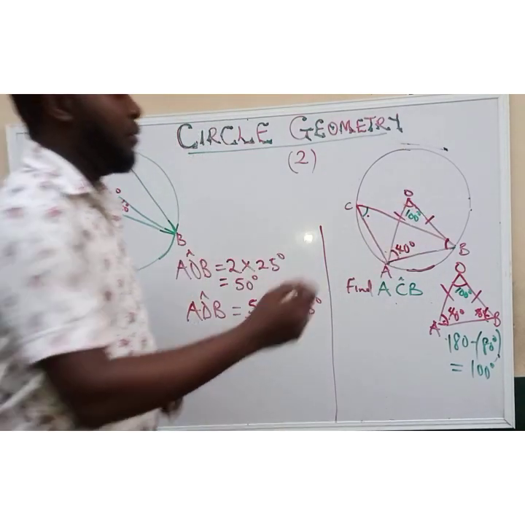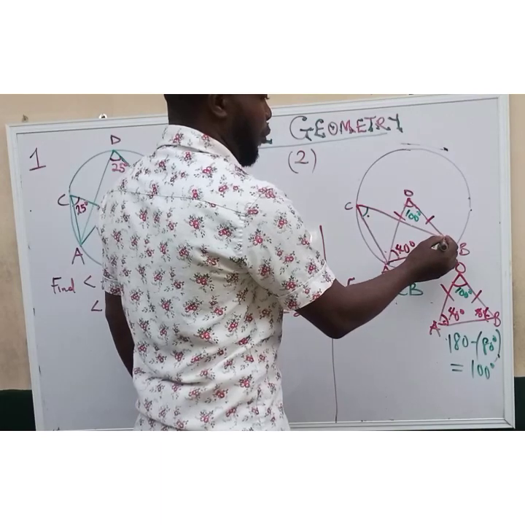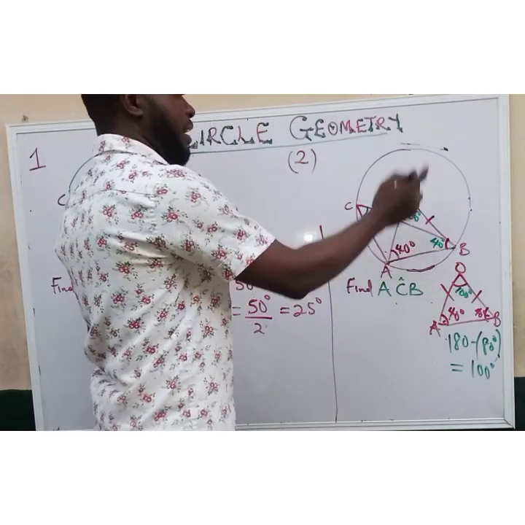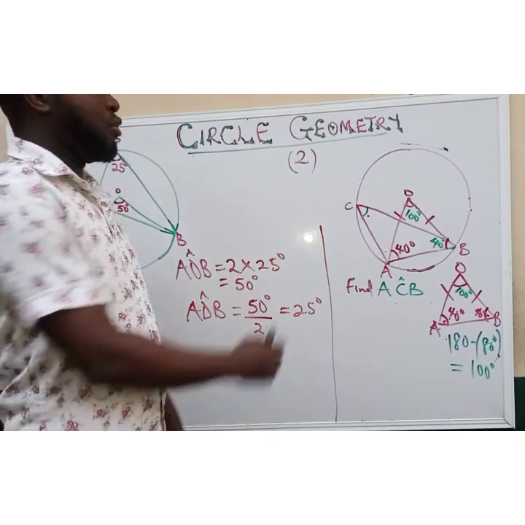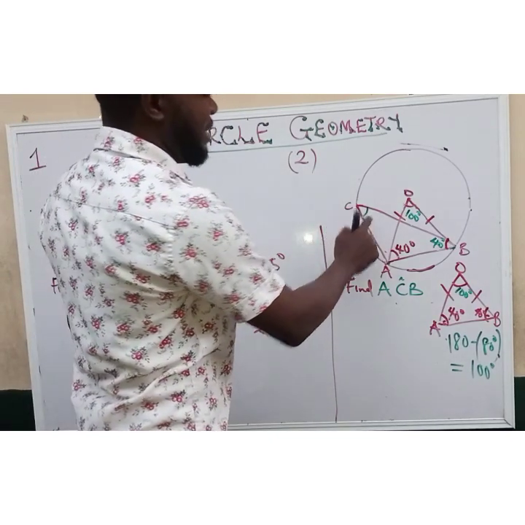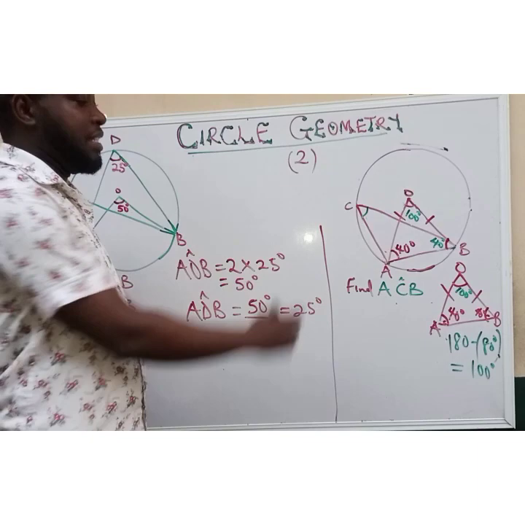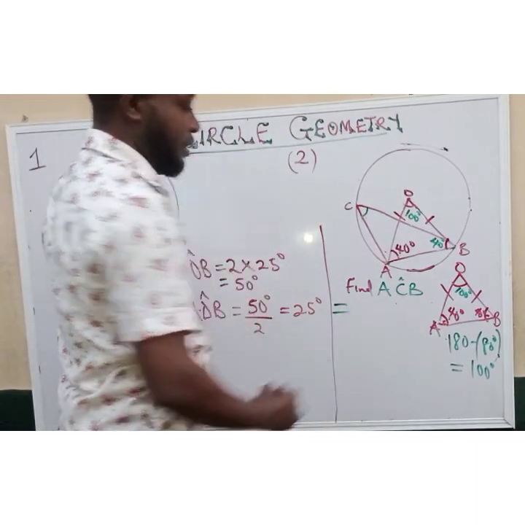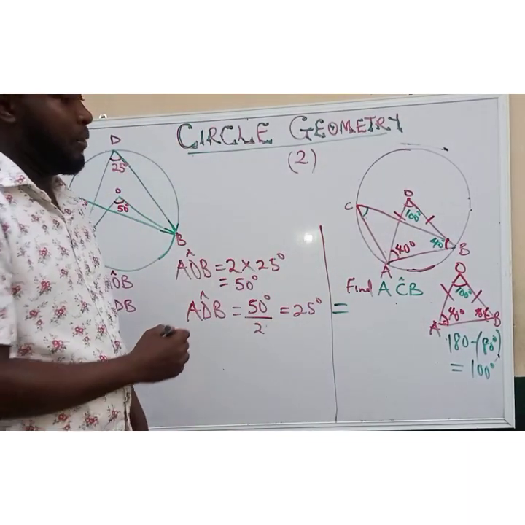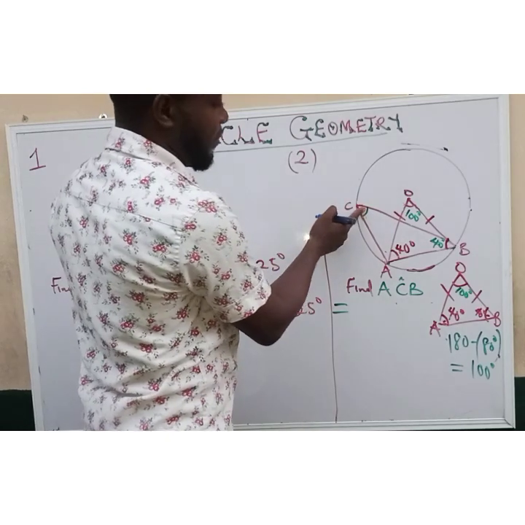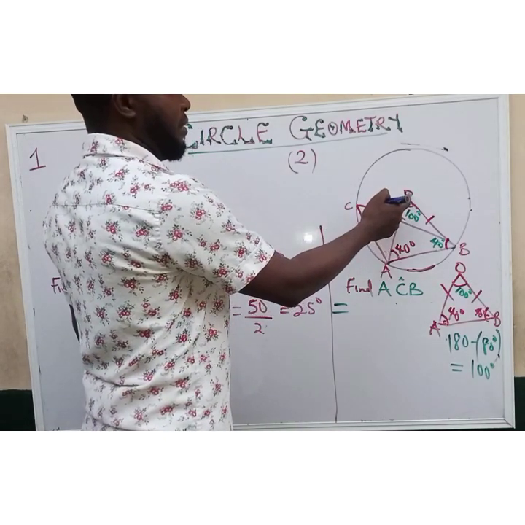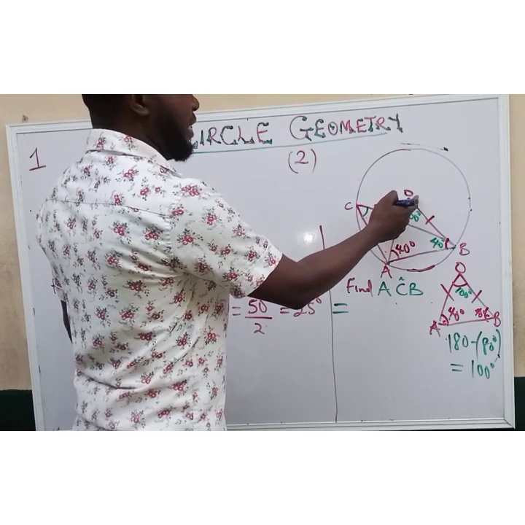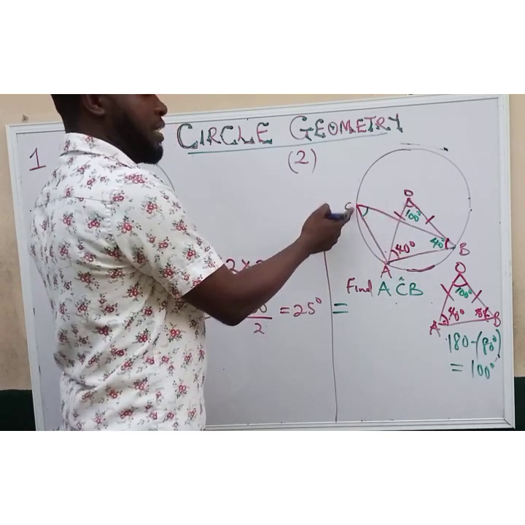Now we have 40 degree here, 40 degree here, and angle at the center as 100 degree. Now to find the angle at the circumference here is now easy, and that is angle ACB, the unknown angle. Now angle at the circumference is half angle at the center, because angle at the center is twice angle on the circumference.